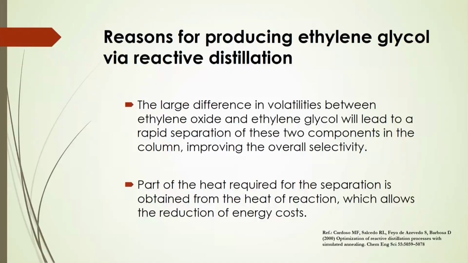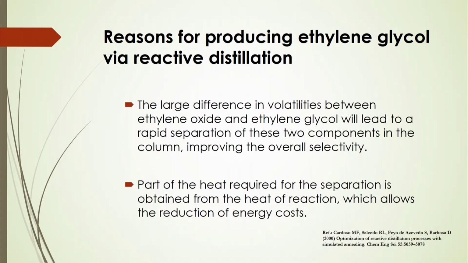Now, both these reactions are exothermic and are carried out at a moderate temperature, which allows production via a reactive distillation column. Why produce ethylene glycol via reactive distillation? The large difference in volatilities between ethylene oxide and ethylene glycol may lead to a rapid separation of these two components in the column, which may improve the overall selectivity.